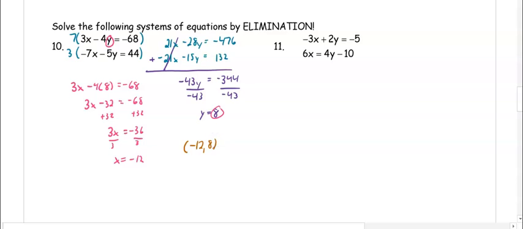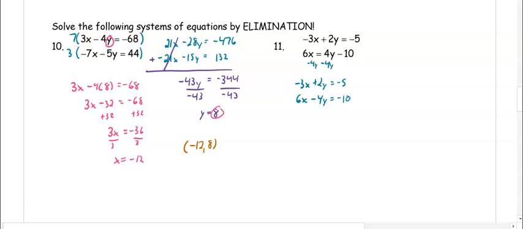In number 11, in order to do elimination, we need the variables on the same side. So right now, the 4y needs to move. So I'm going to subtract 4y from both sides. We get negative 3x plus 2y equals negative 5, and 6x minus 4y equals negative 10.